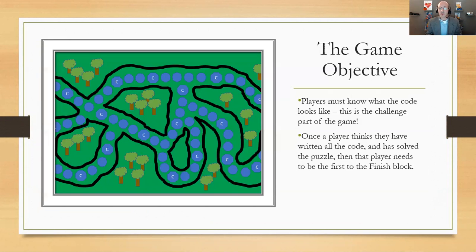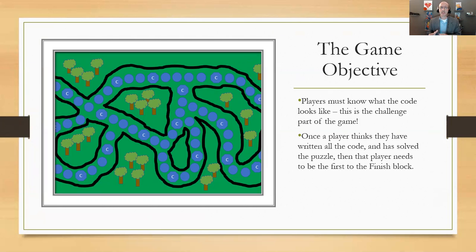So players must know what the code looks like. And so this is really just reinforcing what's been taught in the classroom, or however your learning structure is. Make sure that you're talking about pseudocode and why it's important and how it works, and talking about flowcharts and why it's important and how it works, and also talking about how code works.